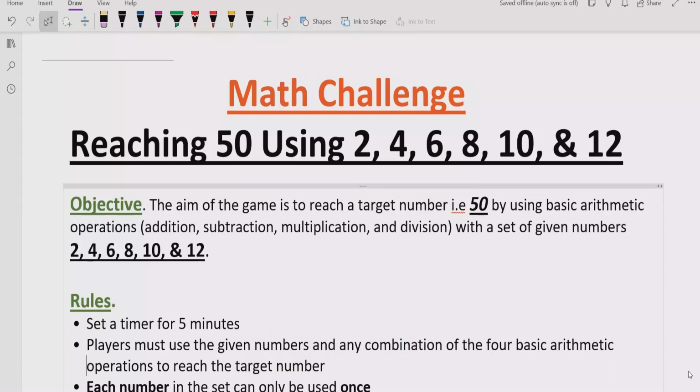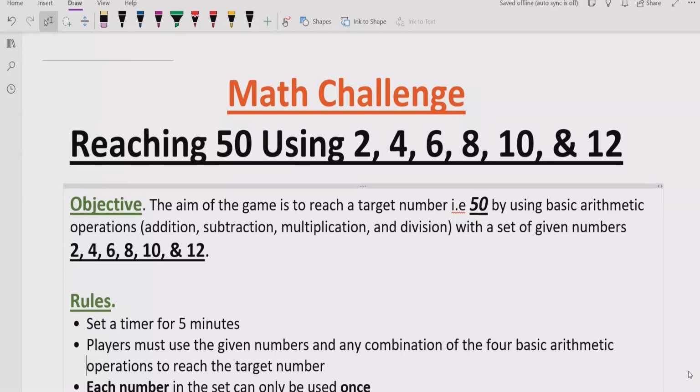These can be used with a given set of numbers, which is 2, 4, 6, 8, 10, and 12. You have to apply basic operations using these numbers and get 50.